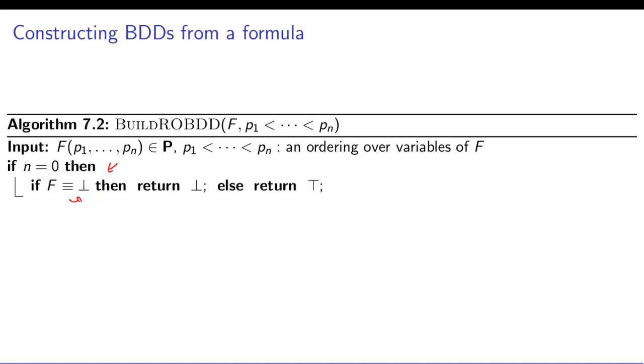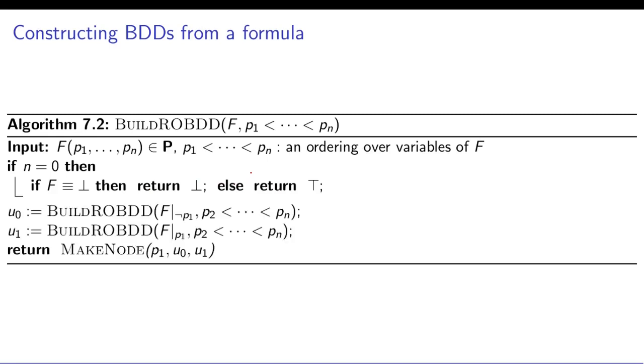So you just check the equivalence, which you can obtain by simplification, and then you obtain false or true. Otherwise you can project the formula on not p1 or p1, and then call build ROBDD recursively, and then you build the node.